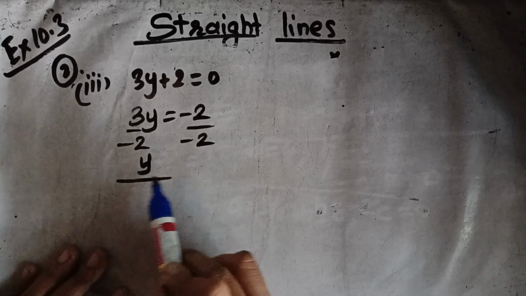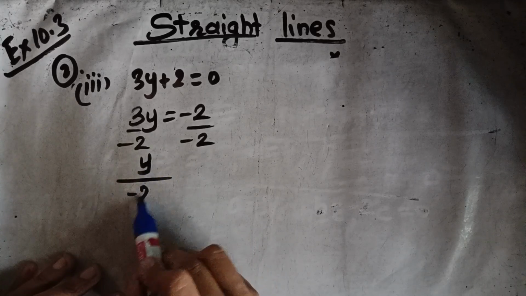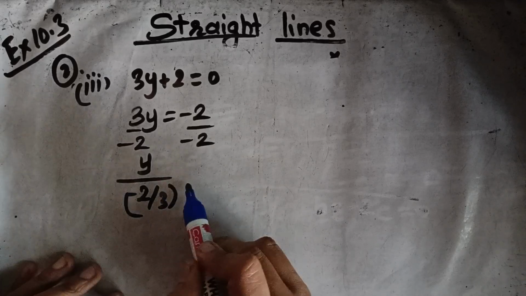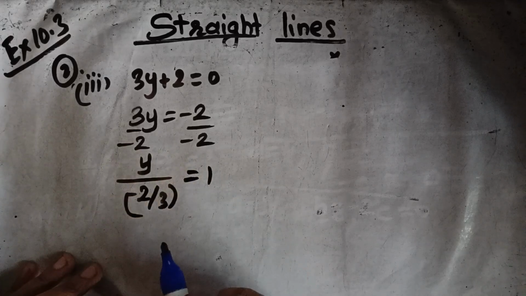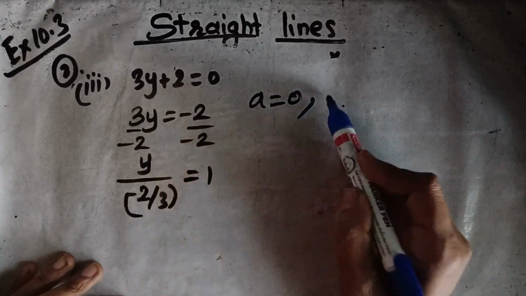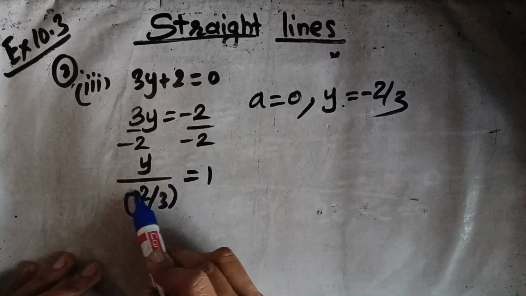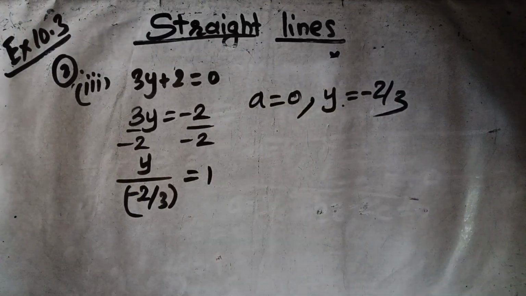So y upon minus 2 by 3. Okay. So x-intercept is 0 and y-intercept is minus 2 by 3.